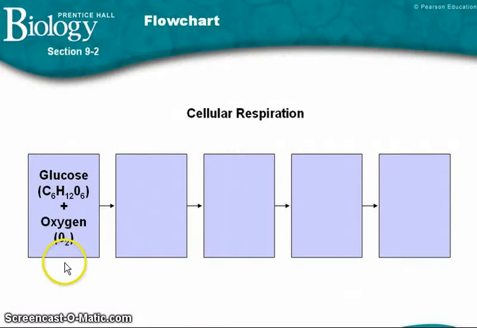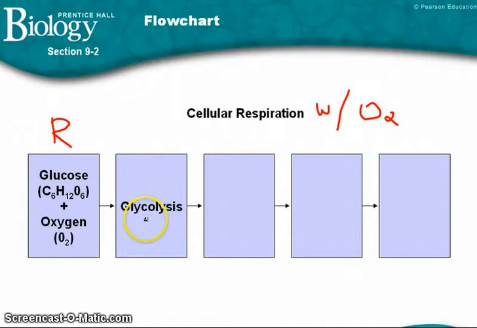So starting today's lecture, what we're looking at here are the steps involved in cellular respiration with oxygen present. We start with reactants of glucose and oxygen, just like we did before for glycolysis. In glycolysis, we take our glucose molecule and break it in half, yielding us a little bit of ATP.